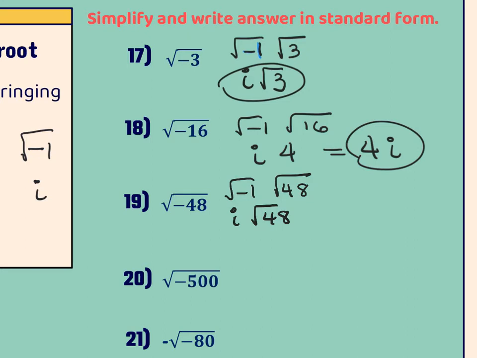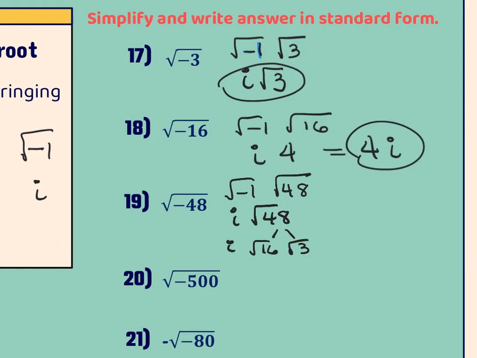It doesn't matter. However you're used to breaking down positive non-perfect squares, that's what we're doing here. I'm going to choose 16 times 3 because that is going to break down the fastest for me. So I'm going to break this into 16 times 3.